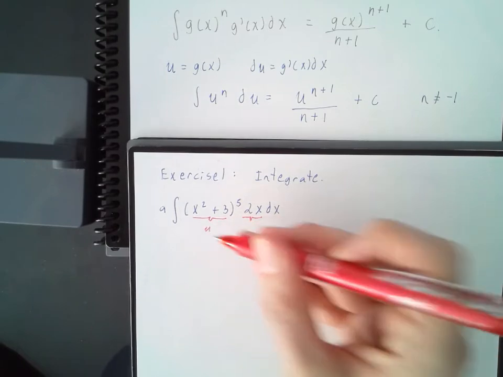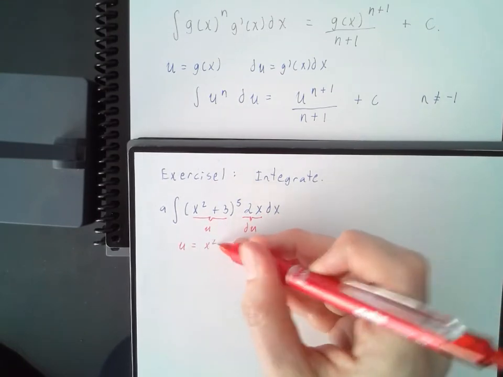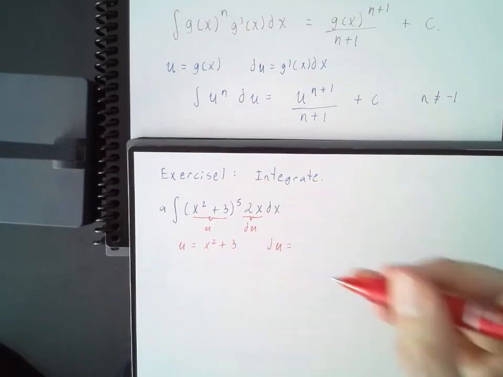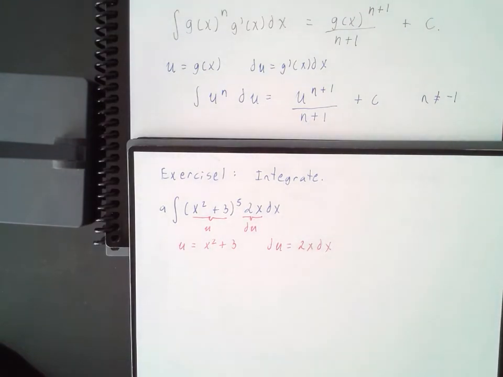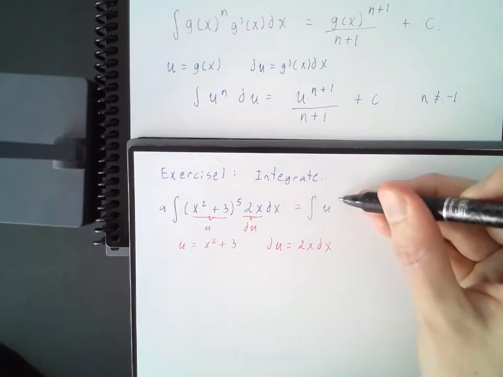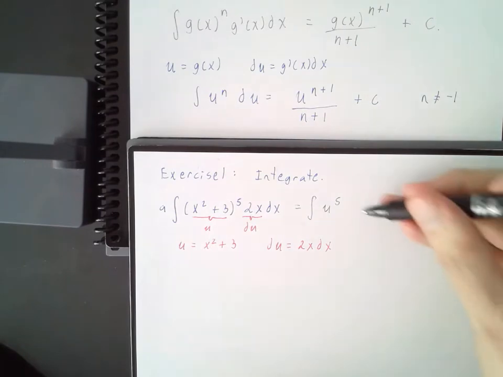At least in this case, we're very lucky, because if we propose that u is equal to x squared plus 3, then the derivative of this function is equal to 2x times dx. So pretty much you can already replace this composite function with just u to the 5, and all of this is going to be the new differential.